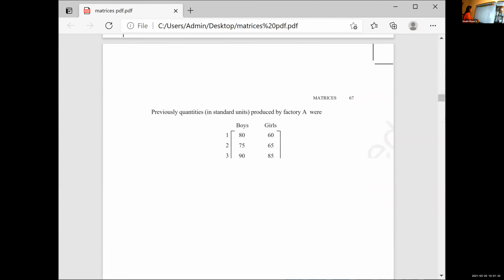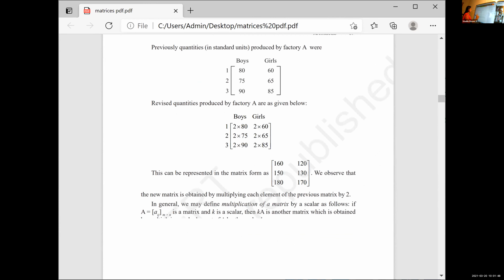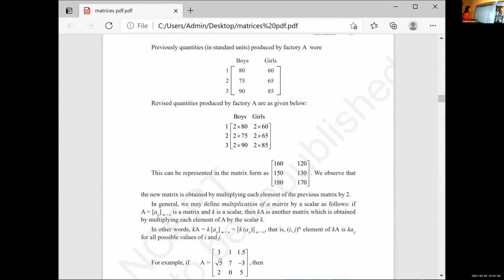Next is multiplication of a matrix by a scalar. The same question's continuation. In the beginning, we had one example: two factories are there. Previous quantities produced by two factories A and B is given. Now, look at here, we multiply each entry by 2.